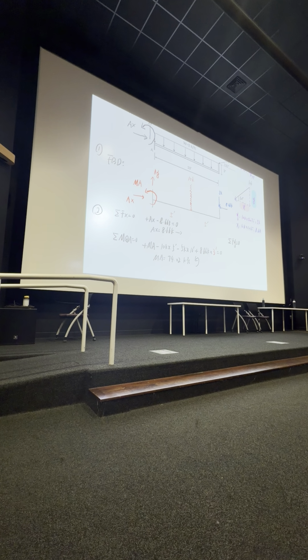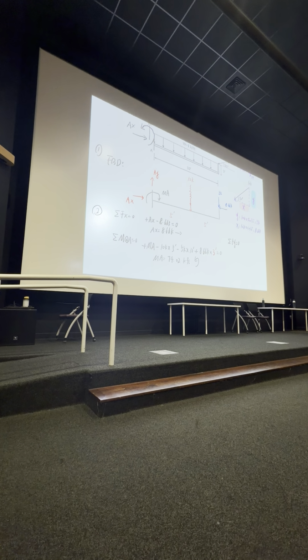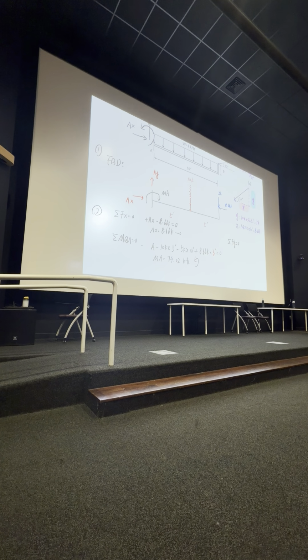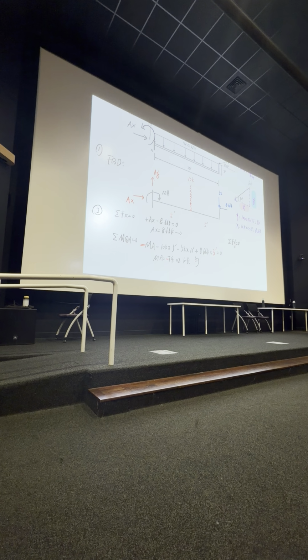Let's say initially you assume MA is going clockwise like this. Then you need to change your equation here, so it's negative MA. And then your answer will be negative 74.02, which means your initial assumption is wrong.